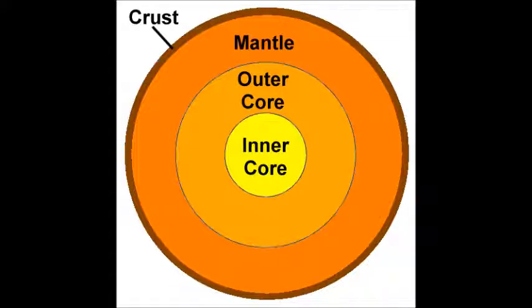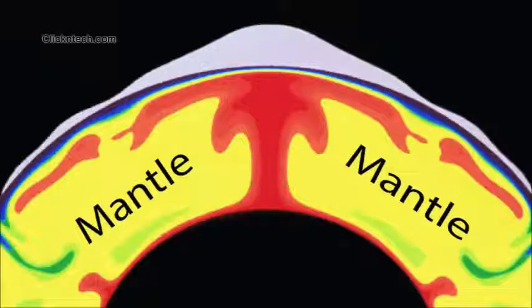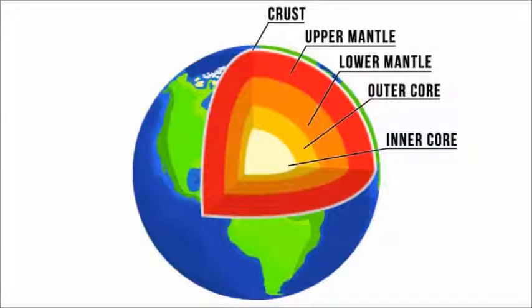The mantle is composed of dense and rigid rocks which have a predominance of materials like magnesium and iron. The mantle is divided into two parts. They are upper mantle and lower mantle.